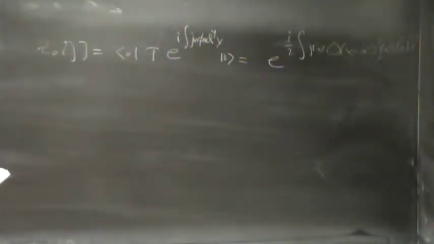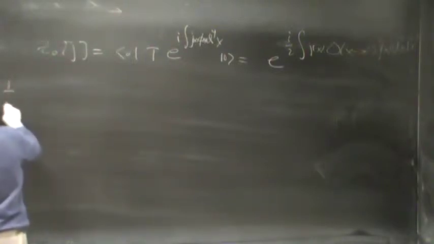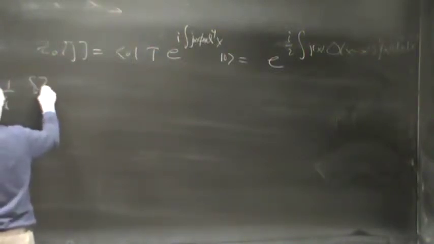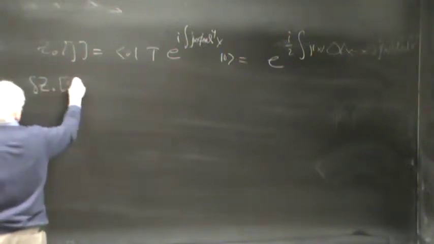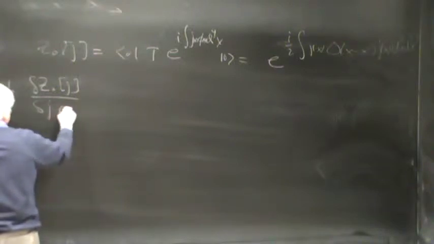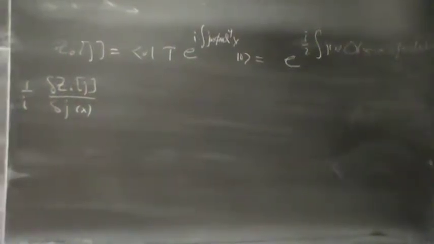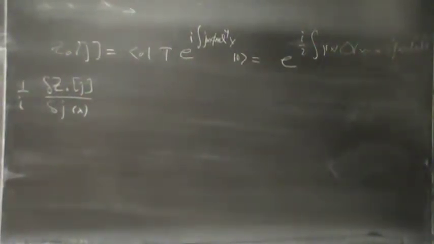Let's do one of these carefully. Let's compute 1 over i, the variational derivative of this functional with respect to j of x. Let me try to do this explicitly.